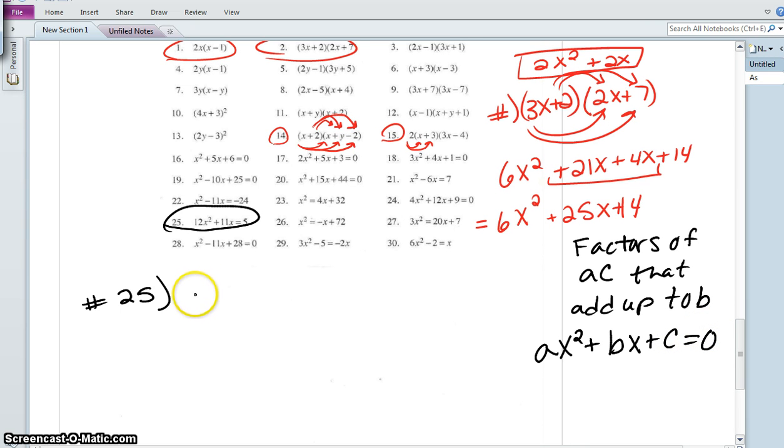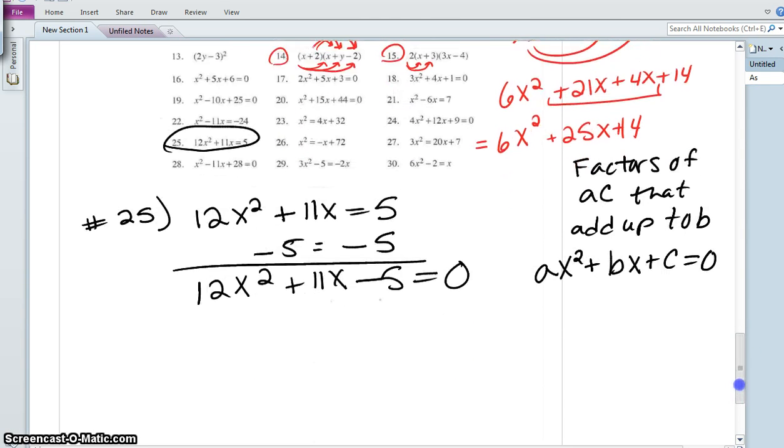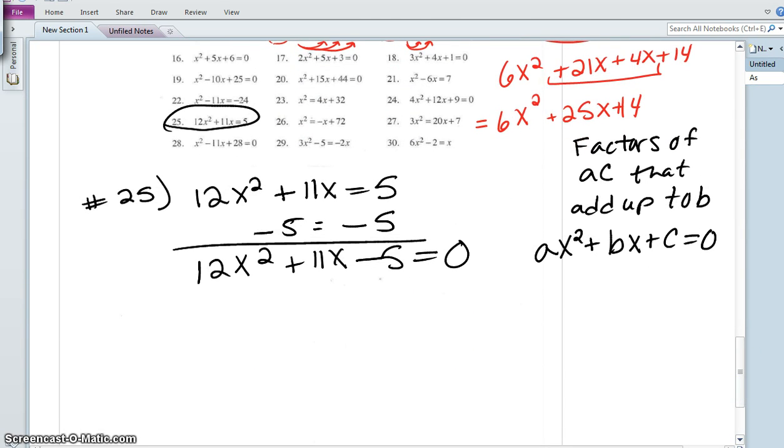So, for the quadratic, 12x squared plus 11x equals 5, let's subtract 5 from both sides to get this into a form where we can use the zero product property. So I have a trinomial. It is set equal to 0. If I can change this trinomial into a multiplication expression, I'll be able to use the zero product property.